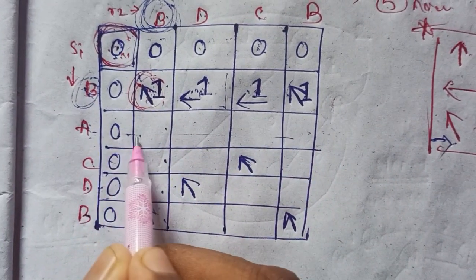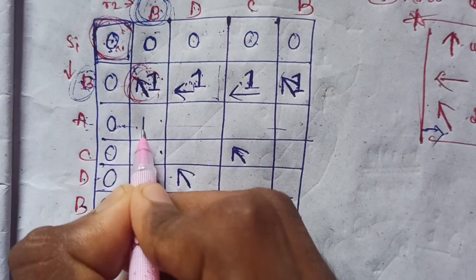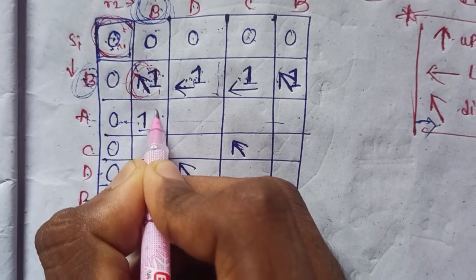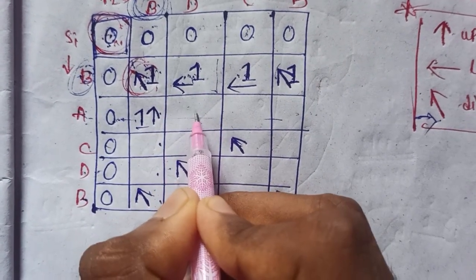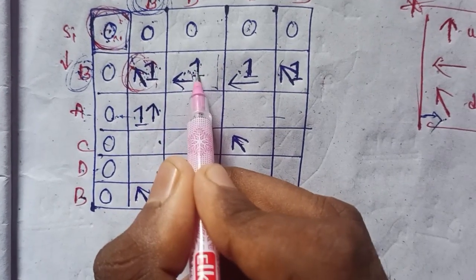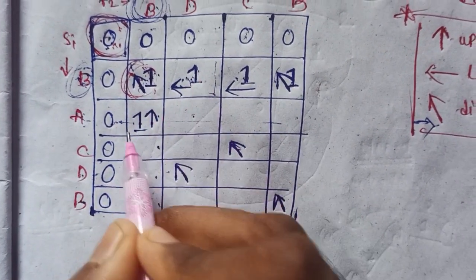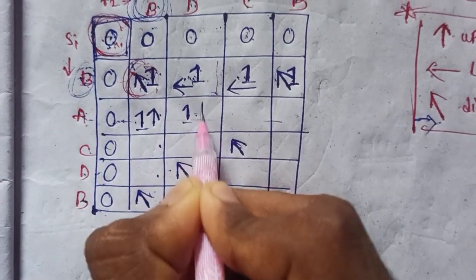Here 0 and 1, comparing, this is greater, so simply write down 1 and the arrow mark will be upward. Then in the next step, in this cell 1 is present, and here also 1. When the same number comes, by default we use the upward arrow.